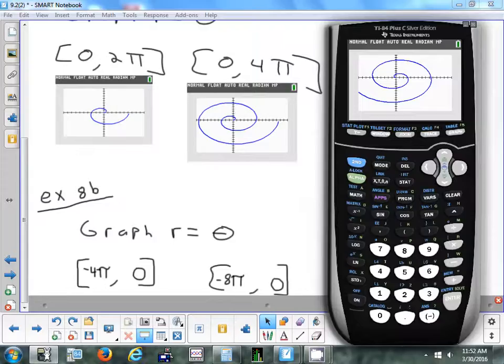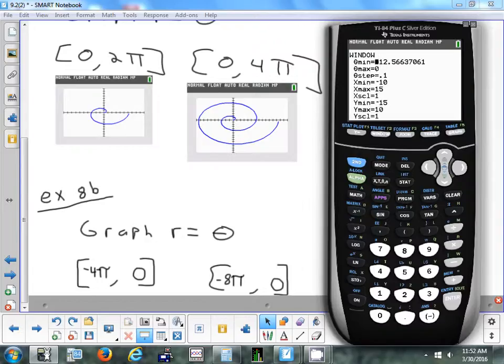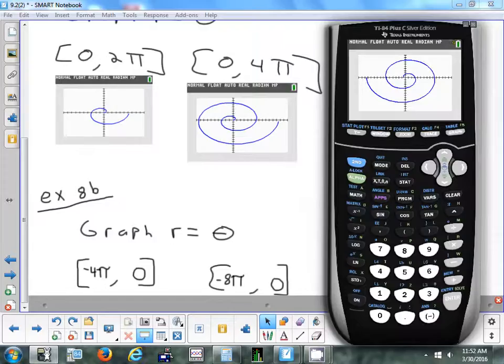Did it change direction? No. Okay, let me make the window a little different. It started from the outside instead of the inside, because that's what I wanted.